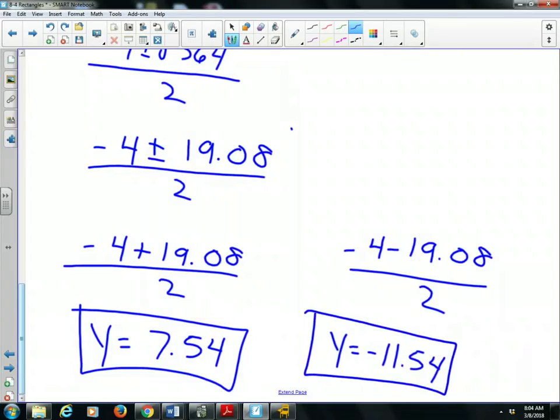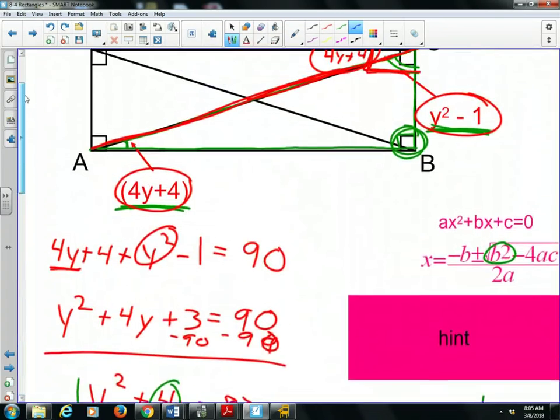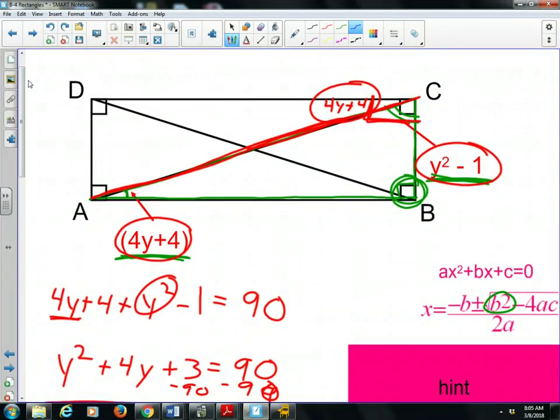We can't have two answers for these, so let's take a look and see which one it is. Take this negative 11, for example, negative 11 and a half. If I were to put a negative 11 in here for y, it'd be roughly negative 44 plus 40. It'd be roughly negative 40 degrees. Is there any such angle that's negative 40 degrees?